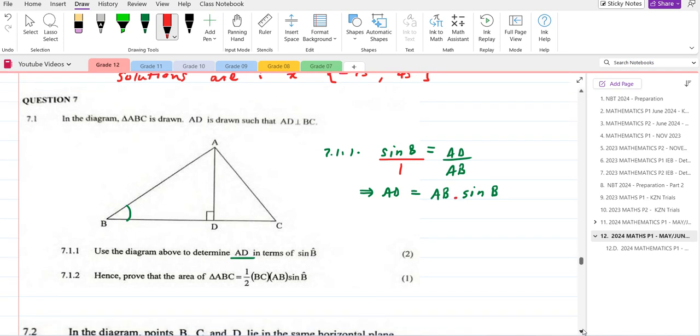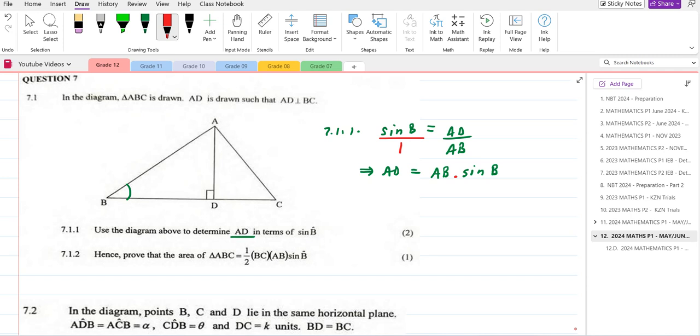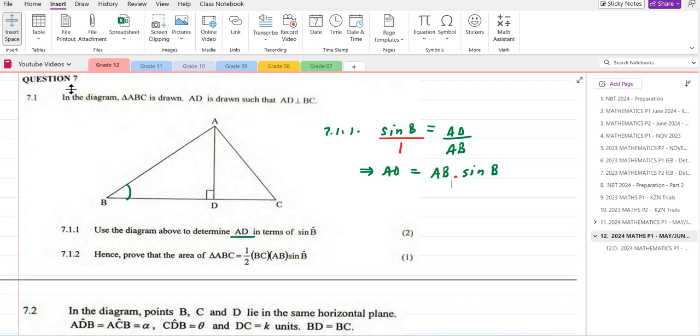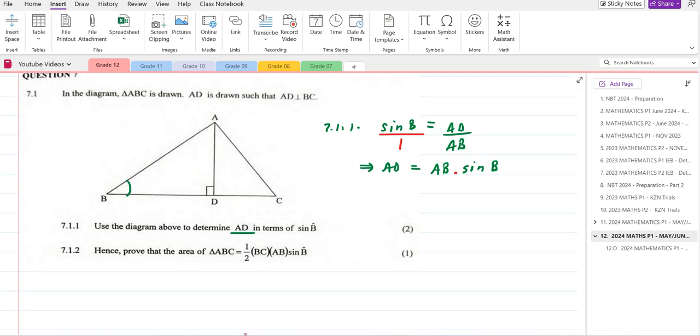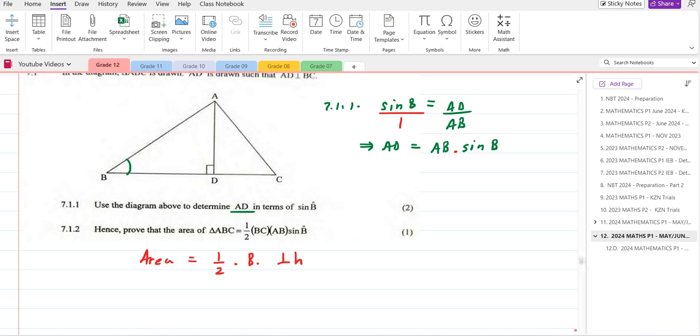Next one. Hence, prove that the area of triangle ABC is half BC AB sine B. What's area of triangle? Very simple. Area is equal to half base times perpendicular height. What's the base? Base of this triangle is BC. We got half BC, half base times that.